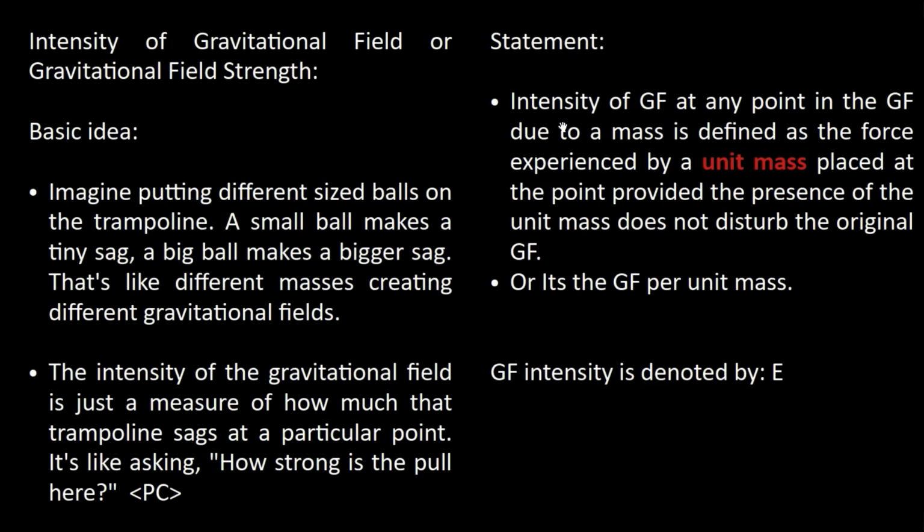The official definition is that the intensity of a gravitational field at any point due to a mass is defined as the force experienced by a unit mass placed at that point, provided the presence of the unit mass does not disturb the original gravitational field. So basically, we can define it as gravitational force per unit mass.